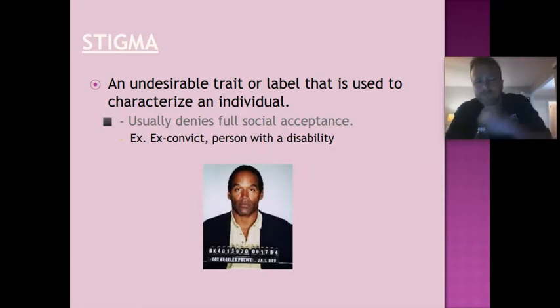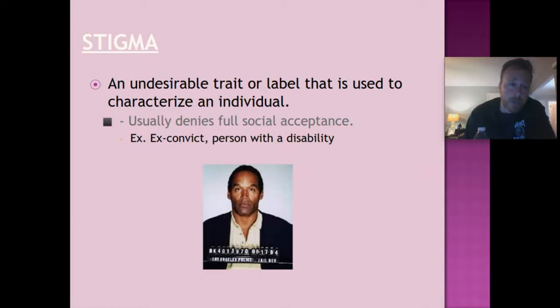So this is going to get into crime. Let's say that you go to jail, and you're a felon. That trait or that label will stay with you for a lot of people forever. But what does that then mean?